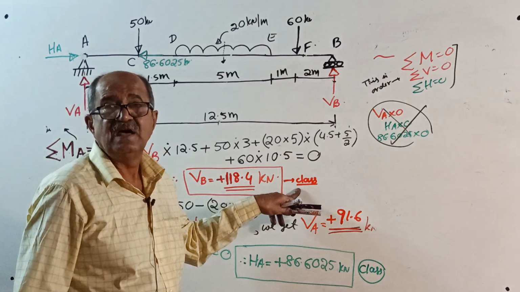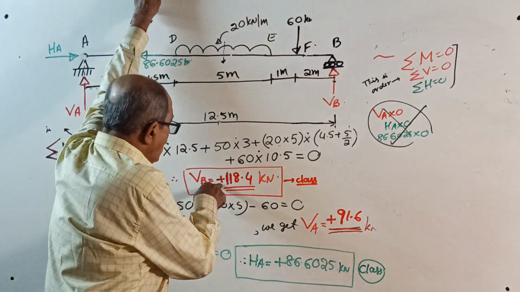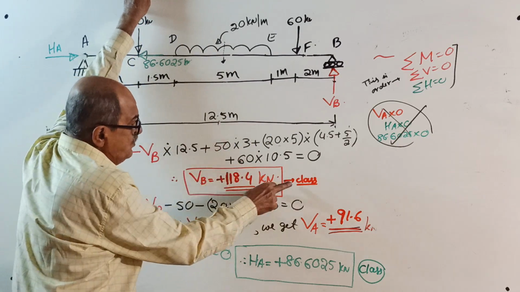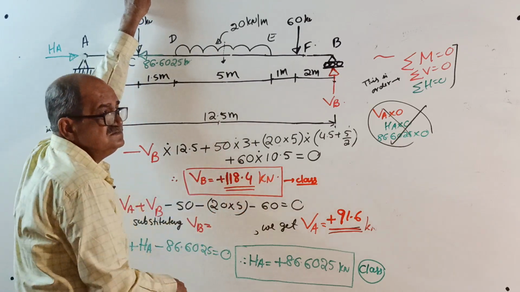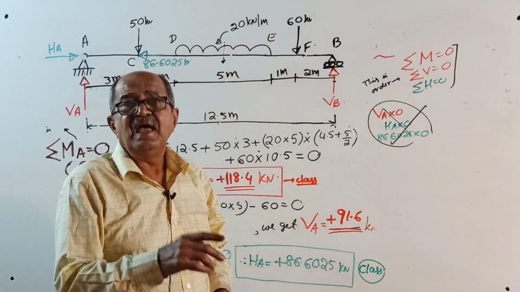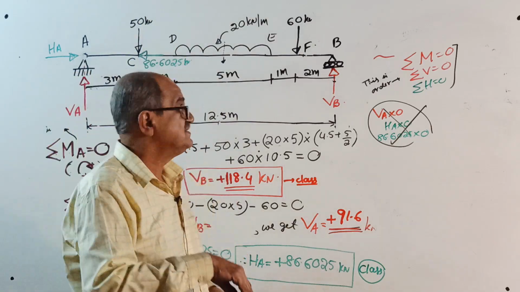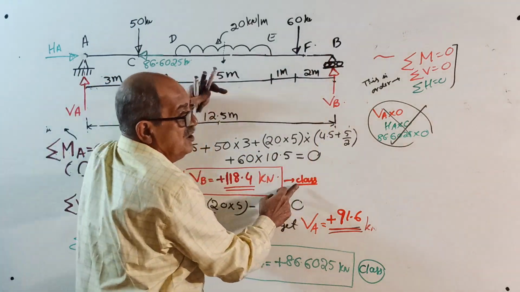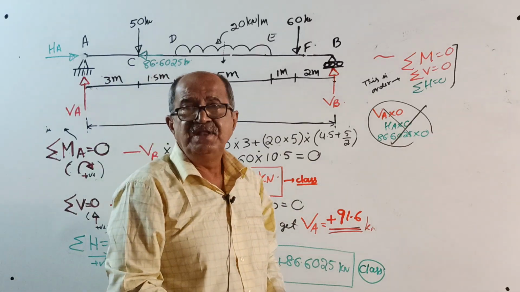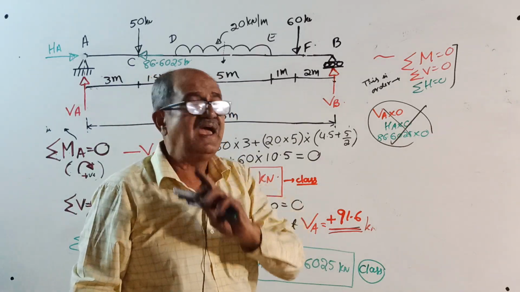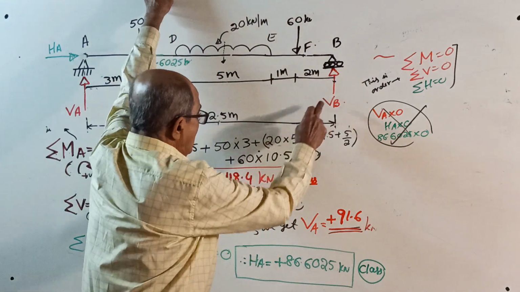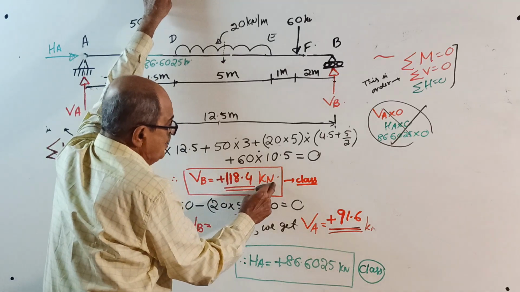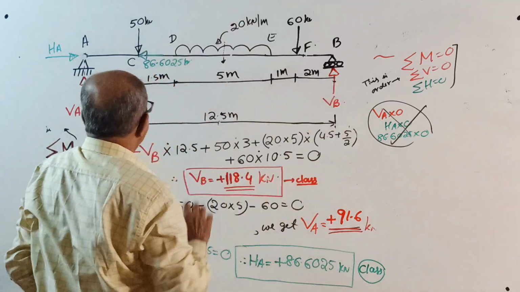We got a positive sign for VB. That positive sign indicates that the direction assumed by us, vertically up, is correct. Therefore, when you show the final reaction, you show VB as 118.4 kilonewton upward.